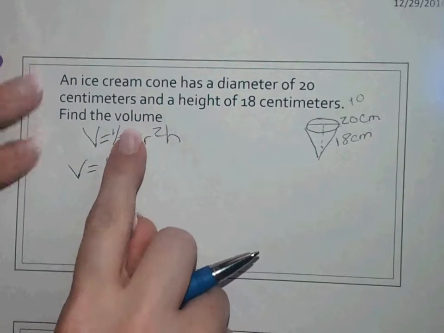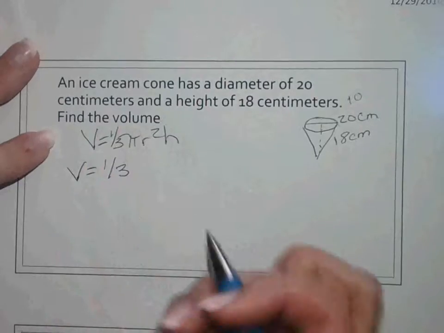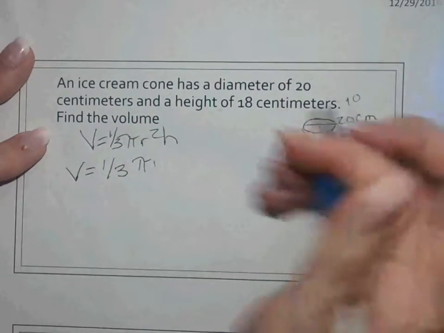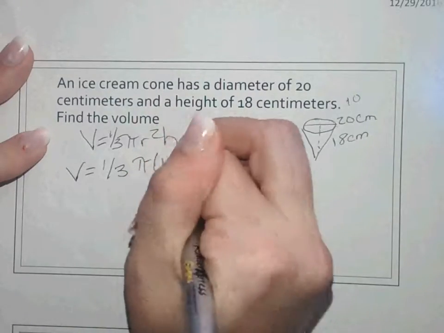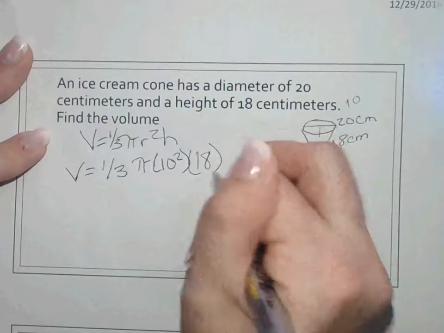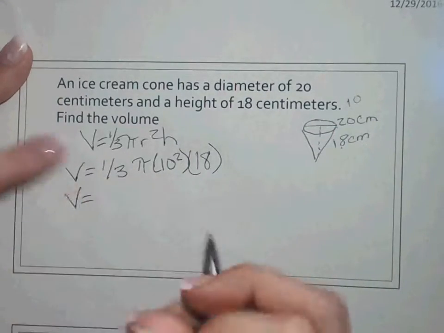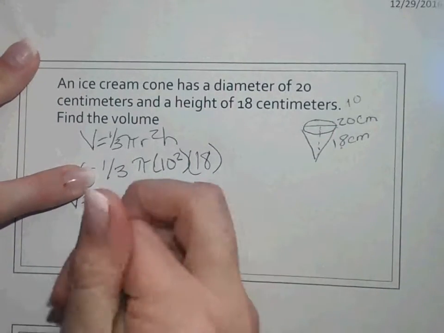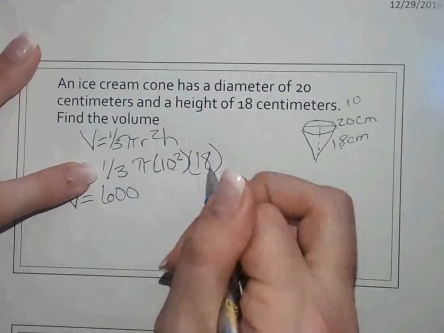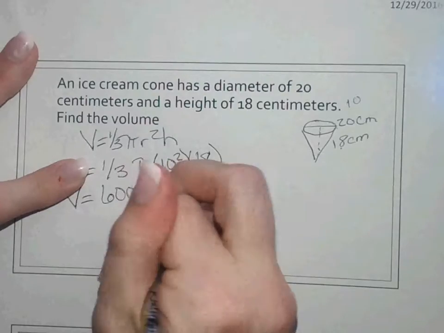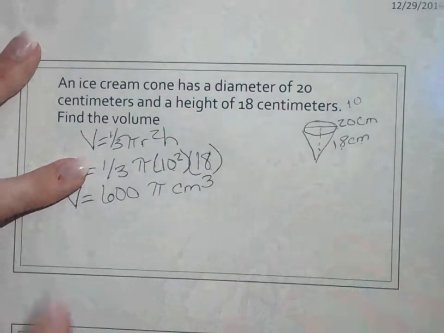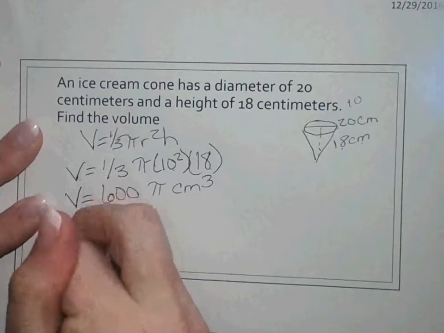Now they didn't say exact or approximate, so we're just going to find the exact first. R is 10, so 10 squared, and height is 18. So when I multiply 1/3 times 100 times 18, I get 600 pi, and that is centimeters cubed. So there's our exact answer if they want that.